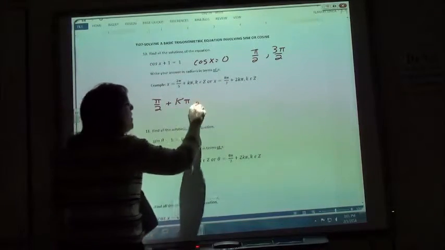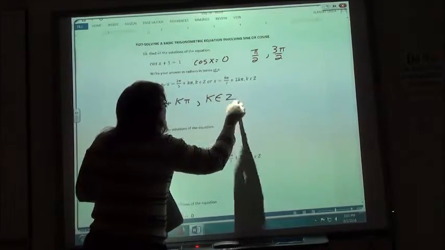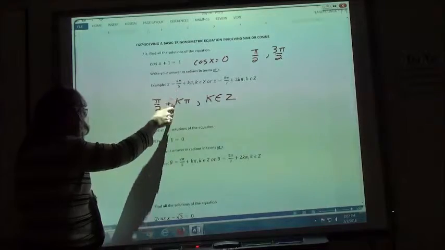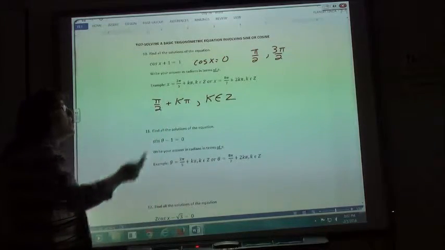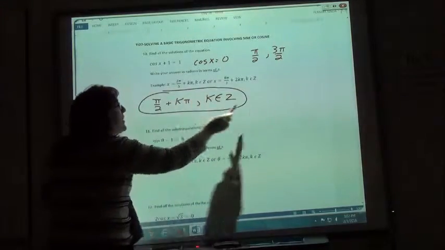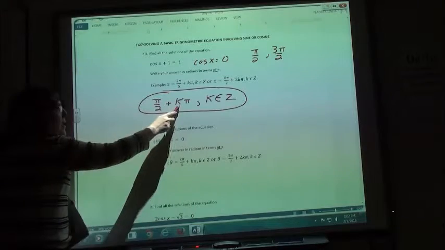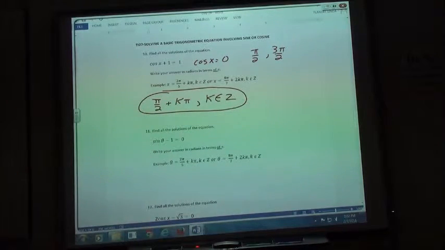K being an element of Z, that means I'm going to take it times 1, times 2, times 3, times 4, and it's just going to go on and on forever. Normally, you have two answers, but because these two angles were exactly 180 degrees apart, we can combine it into one answer instead of putting in two separate answers.